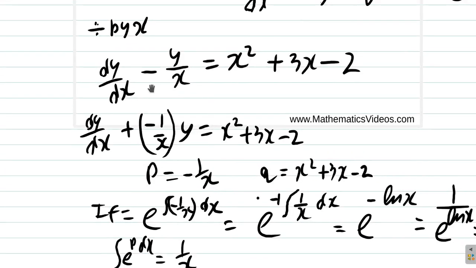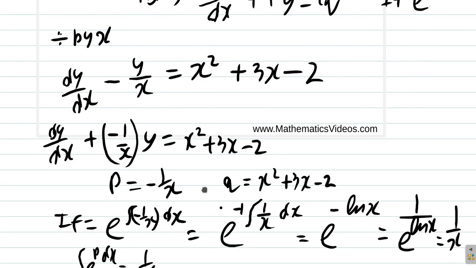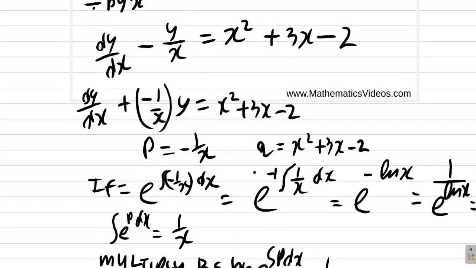So, what would happen? When we do that multiplication, we're going to have 1 over x times dy by dx. So it's 1 over x dy by dx. Alright. So 1 over x dy by dx minus 1 over x times y over x.